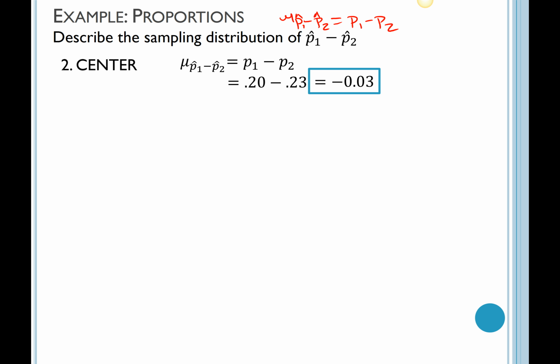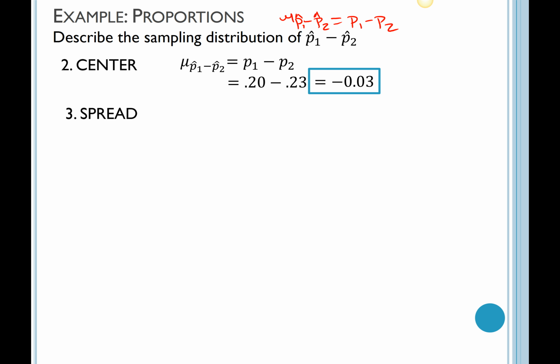This means that on average, there's going to be 3% more orange peanut M&Ms in a bag compared to orange plain M&Ms in a bag. So we expect a 3% higher percentage of orange peanut M&Ms in comparison to orange plain M&Ms. That's what that one's saying.